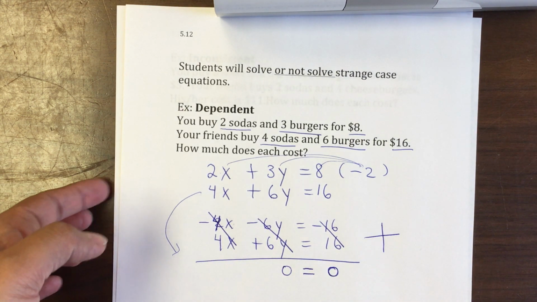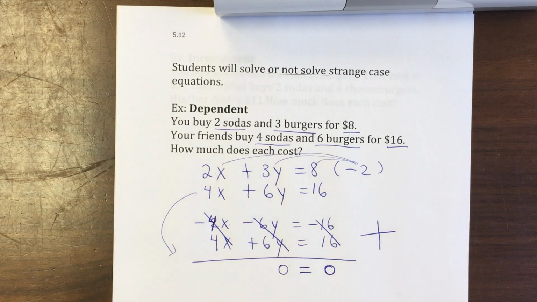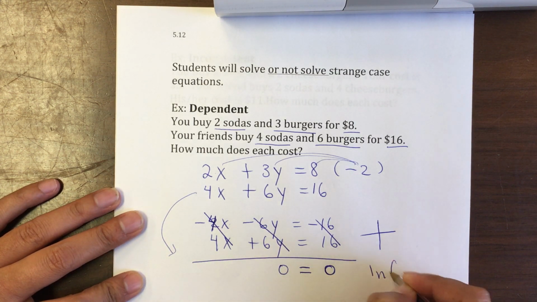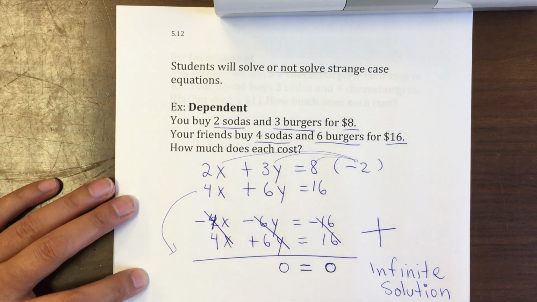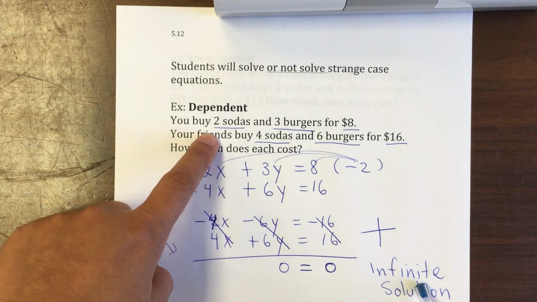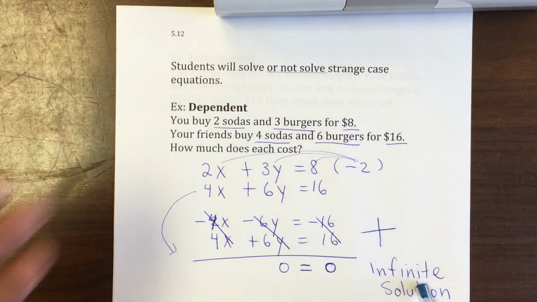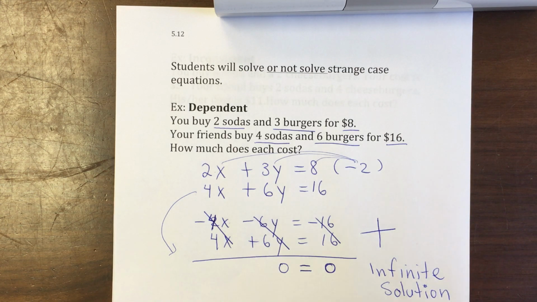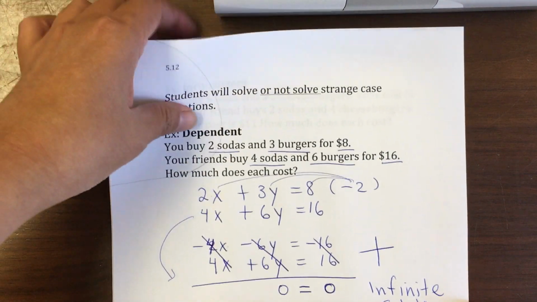So what it means is that because these are the same on both sides, we're going to say that this is infinite solution. And what it means is that if we were to graph this information, we would end up with 2 lines that overlap.